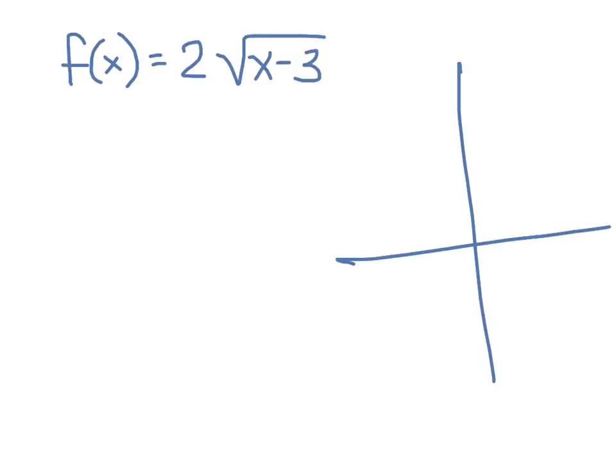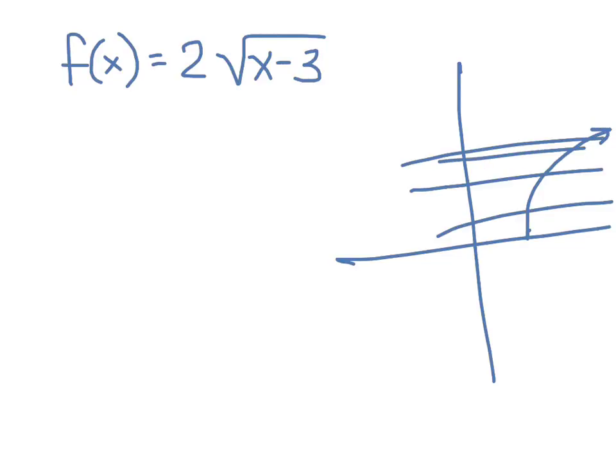Doesn't it do something like this? Horizontal lines are this way. Is it ever going to hit more than once? It's not. So therefore it does pass the horizontal line test, which means the inverse is a function.